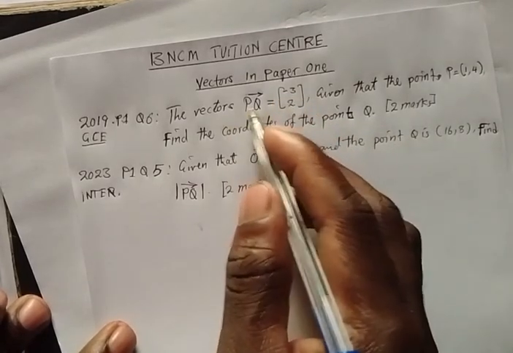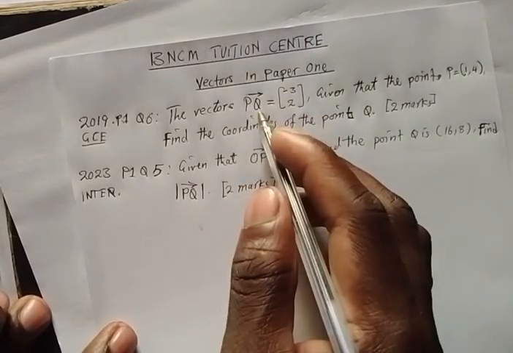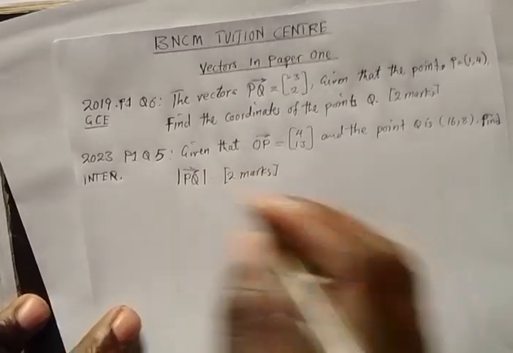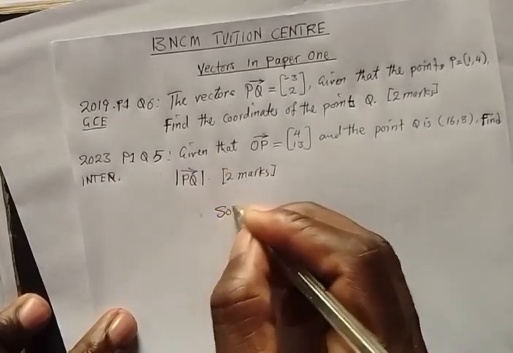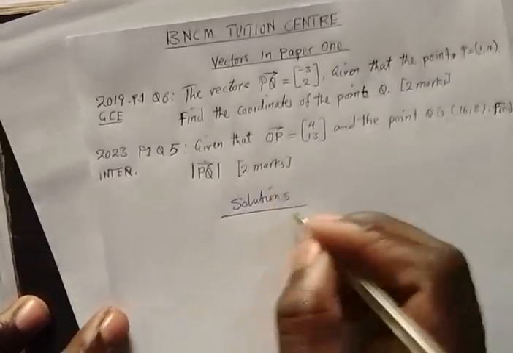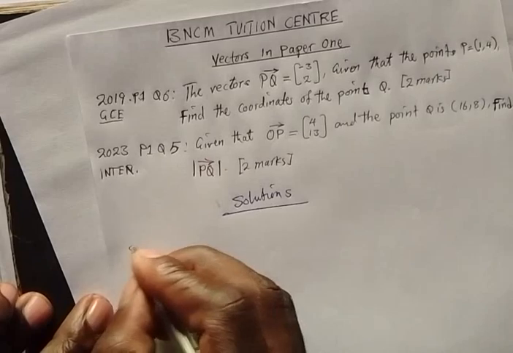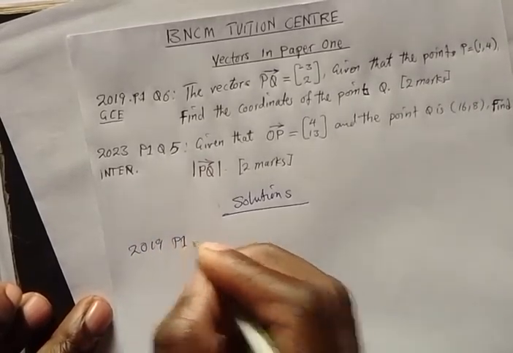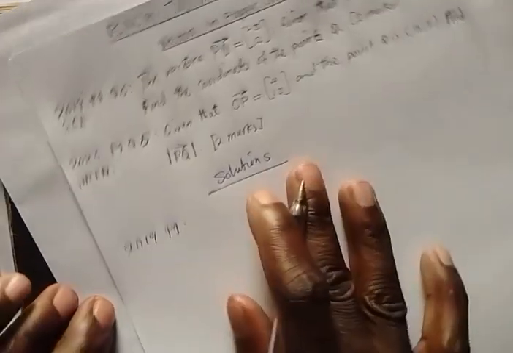So the equation that is connecting these 2 points using the position vectors, first we write the solution, this one is under 2019, paper 1.